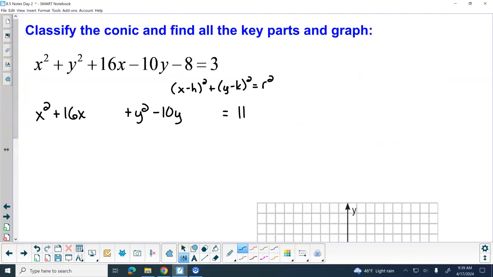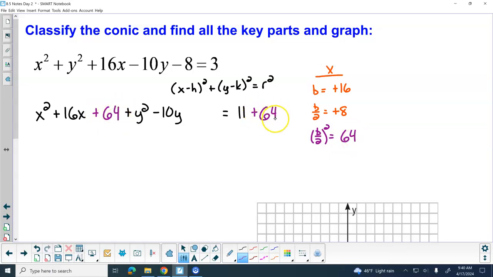My x b value is positive 16. My b over 2 would be positive 8. And my b over 2 squared would be 64. So I'm going to fill this gap here with 64, which means I need to add 64 to that side.